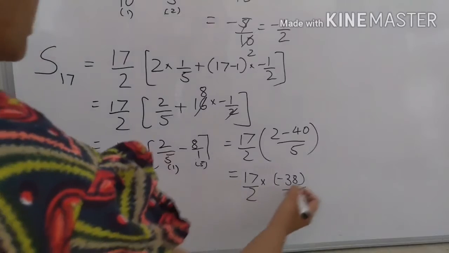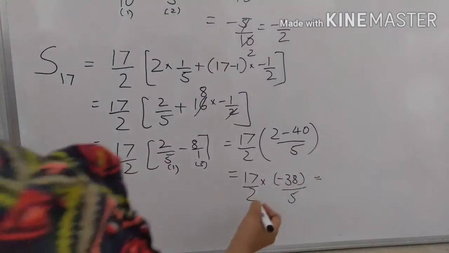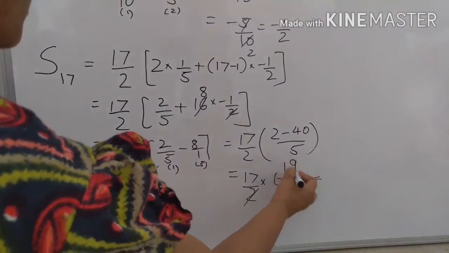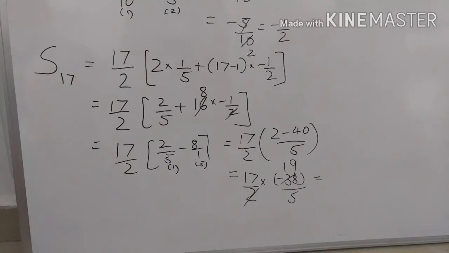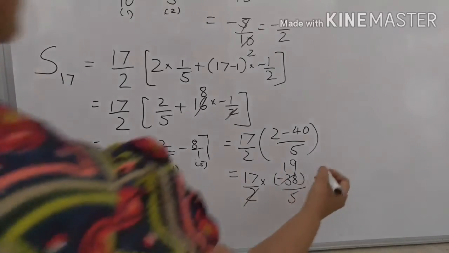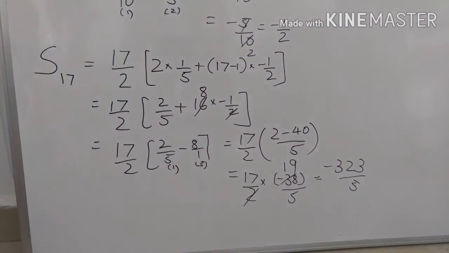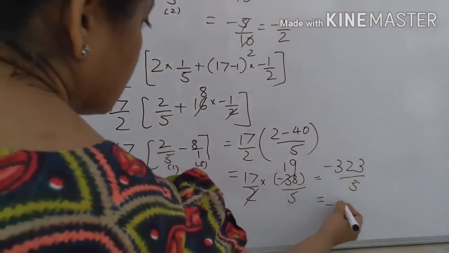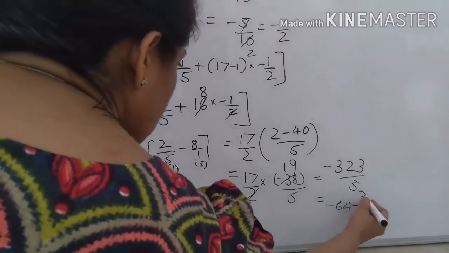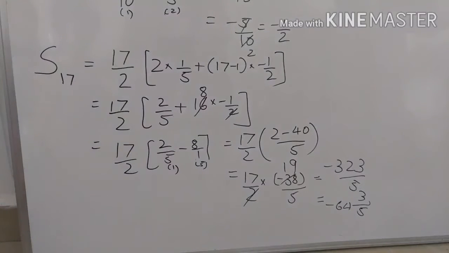So now by calculation we can get our answer. Before that, here 19 twos are 38. You can take cancellation. So the answer of our first is minus 323 by 5. This is minus 323 by 5, and you can change this into a mixed fraction as minus 64 integer 3 by 5. So here we completed our number third.